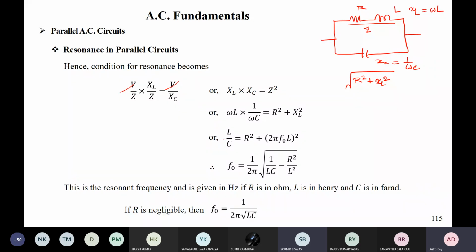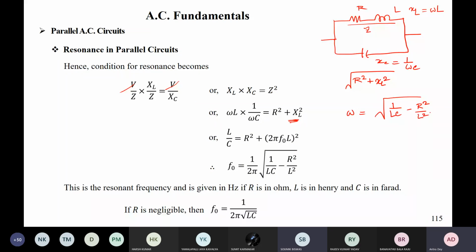So now you are left with LC and R square. Only the frequency part is left, which is linked with XL square. So this is 2 pi F, or you can write omega 0 square. So omega should turn out to be 1 by LC minus R square by L square.